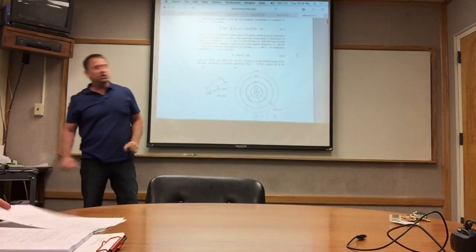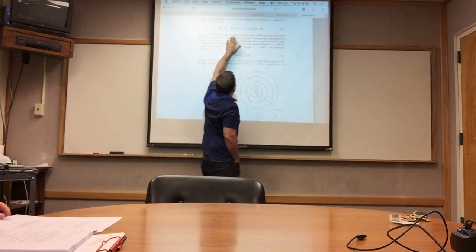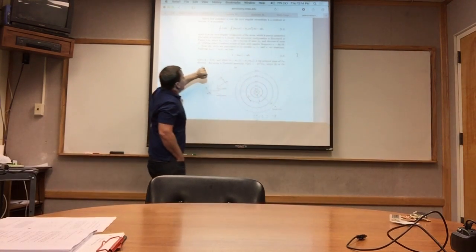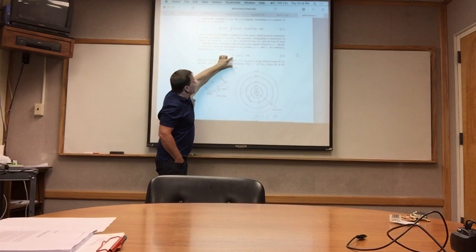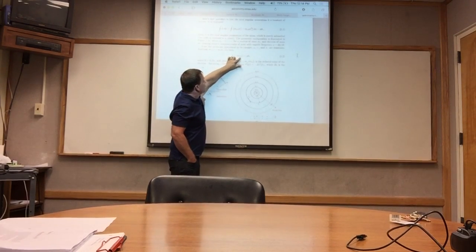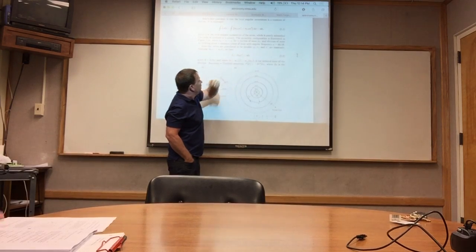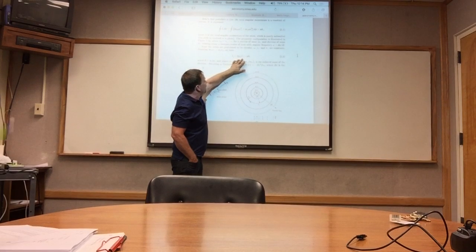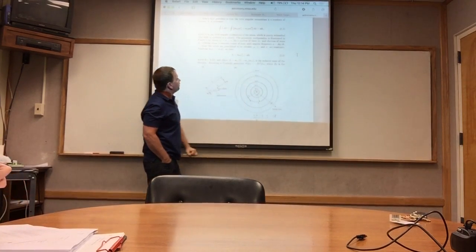So here's his stipulation that the angular momentum is an integer number of Planck constants. When you get that, you get this nice little relationship that the reduced mass times the angular velocity times the radius squared for state n is n times h bar.